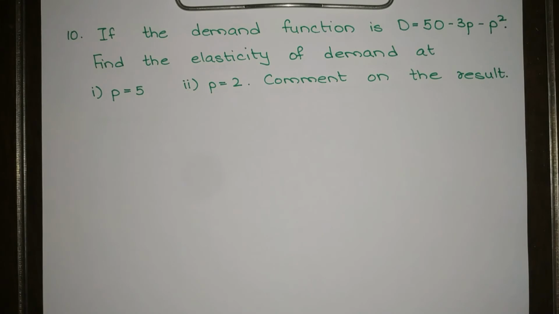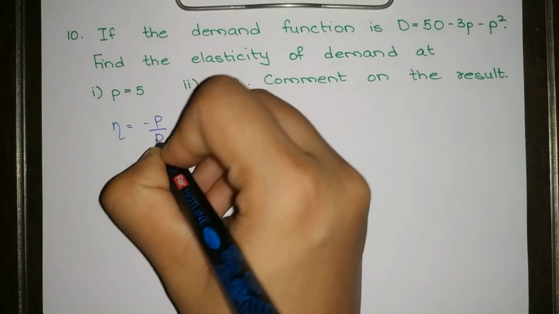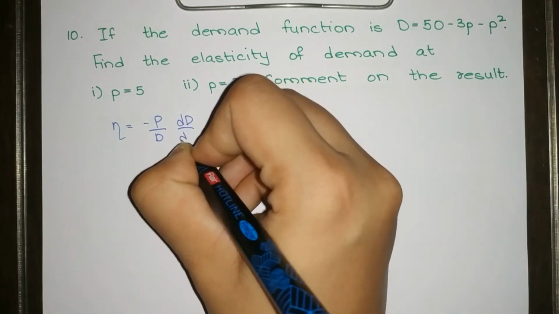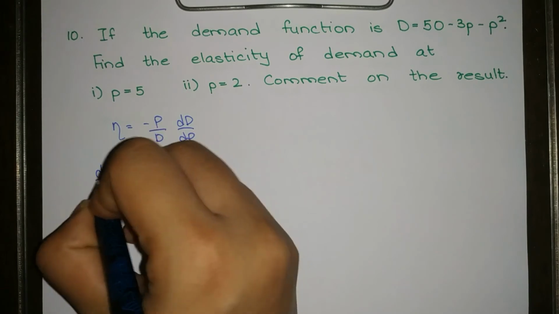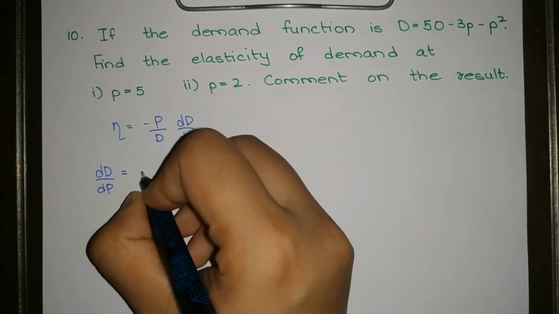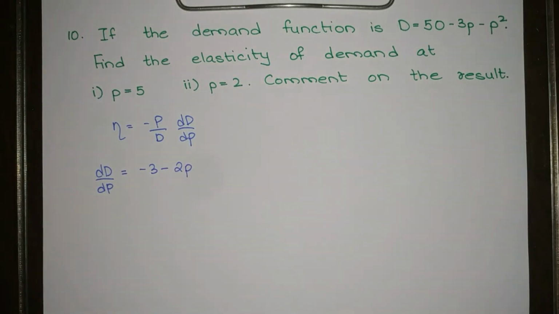So हम लोग को eta ढूंढना है. Eta का formula है minus P by D, derivative of D with respect to P. यहाँ पे पहले हम लोग D का derivative ढूंढ लेते हैं. So this is equal to 50 का derivative 0 minus 3 रहेगा minus 2P. Okay, now we will substitute everything in this eta.